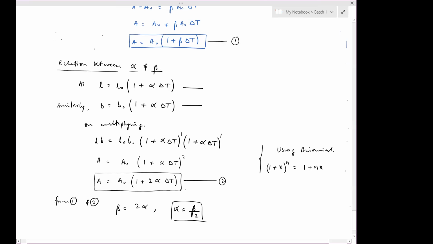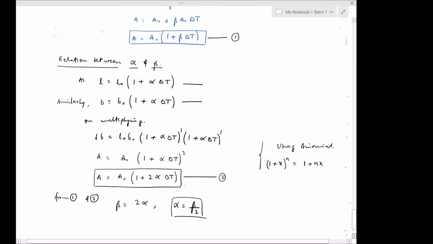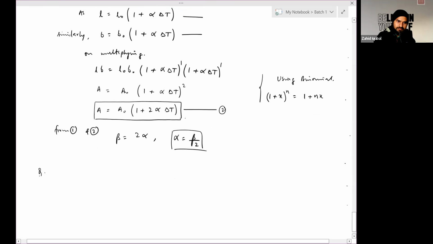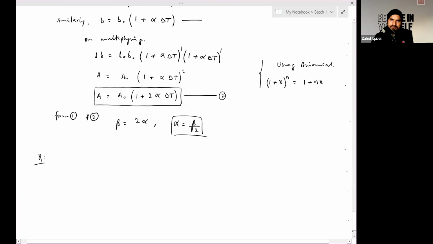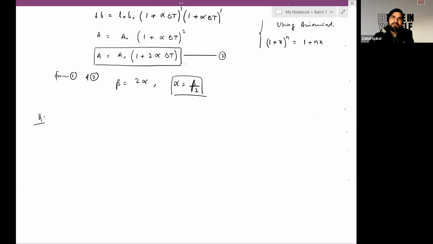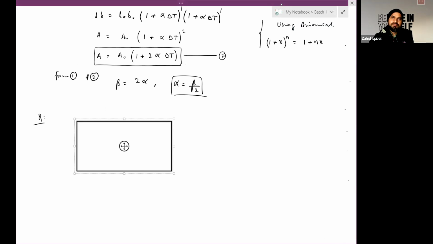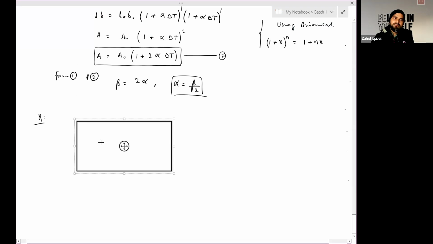Hamza, done? Yes, sir. Done. Okay. Now, related to this areal expansion, there will be a question like, let's say this is any metallic sheet.